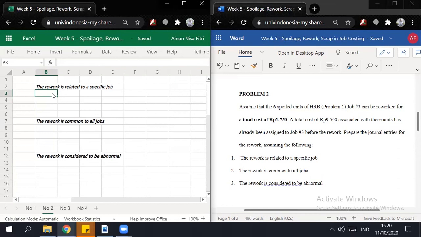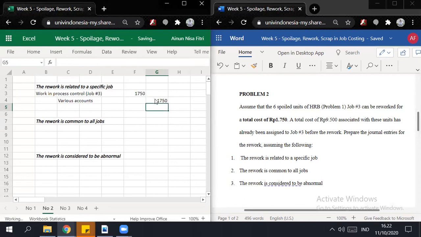Okay, first, for the first scenario, the rework is related to a specific job, and therefore we will recognize it as work in process control, job number 3 on the debit side, and then on the credit side is various accounts. And then the number is 1,750, and same goes for the credit side.